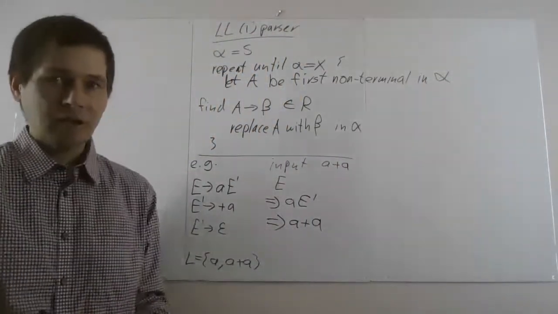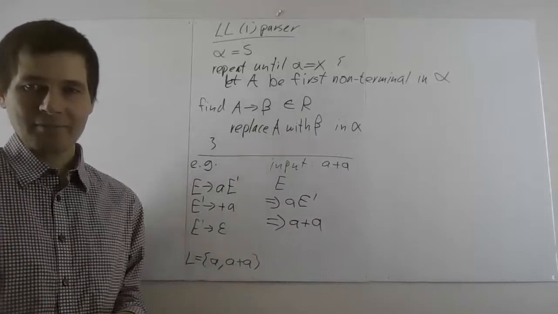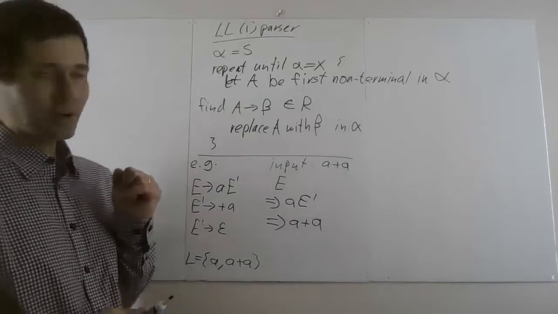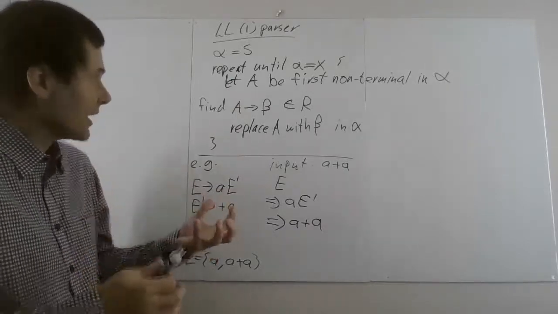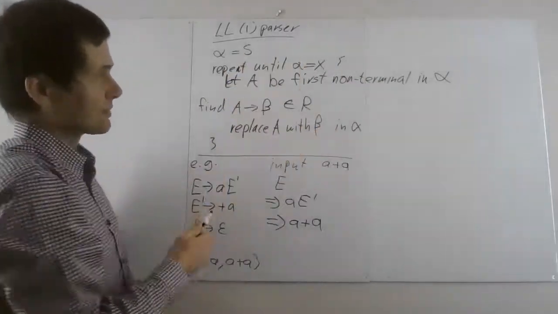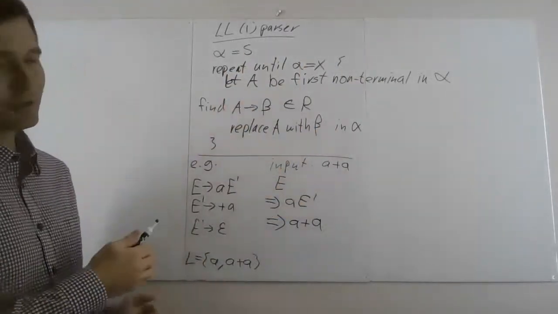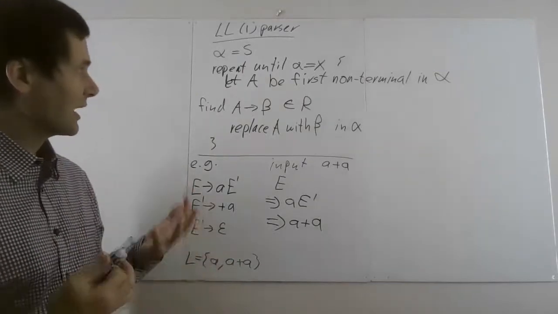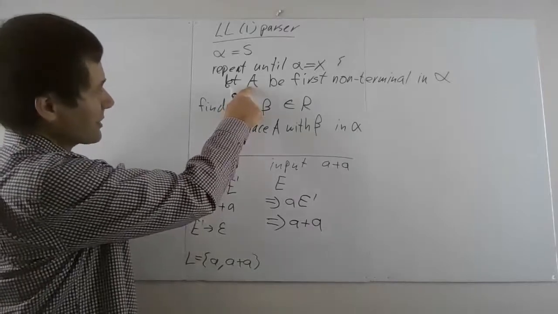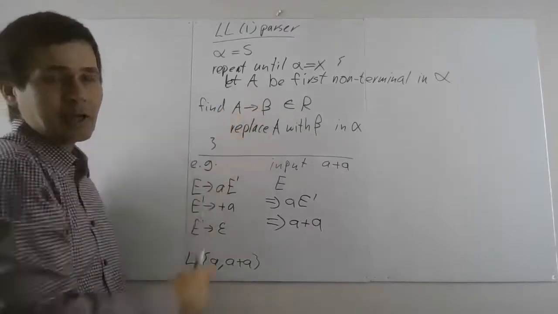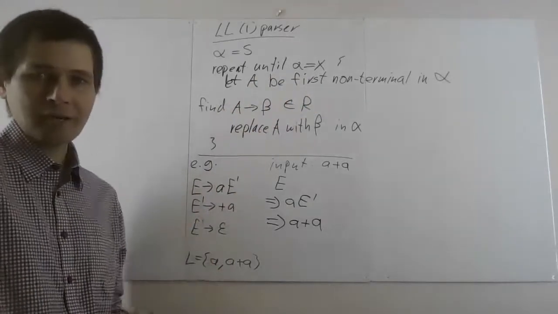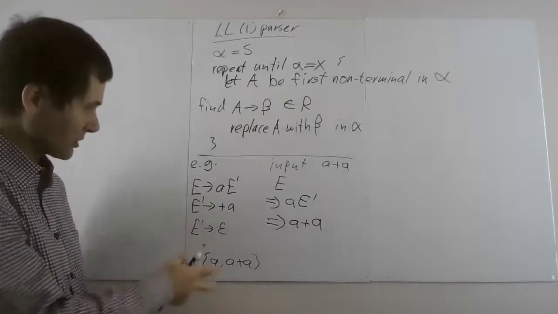We looked at that before in terms of the order in which we expand different non-terminals. But for the LL parser, because we're looking at the input from left to right, we're going to take the leftmost non-terminal and always expand that. You might have noticed I used A here and A here. That non-terminal that we're trying to expand already rules out a lot of options in the grammar.